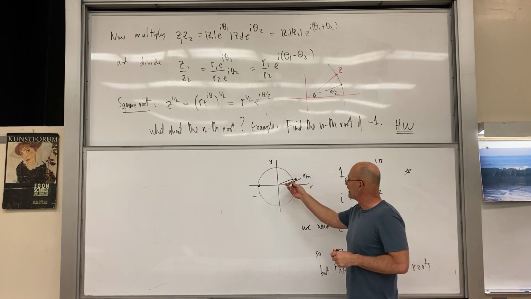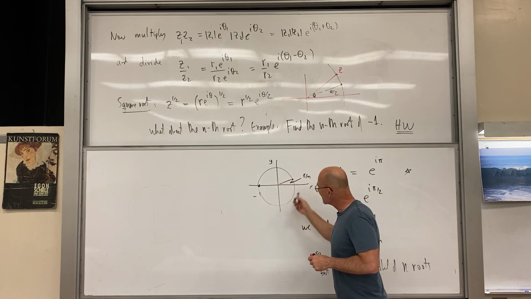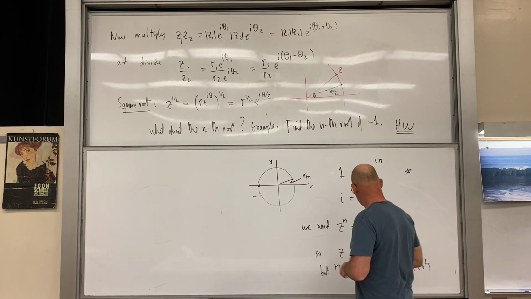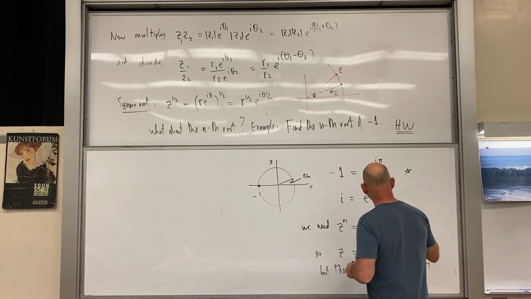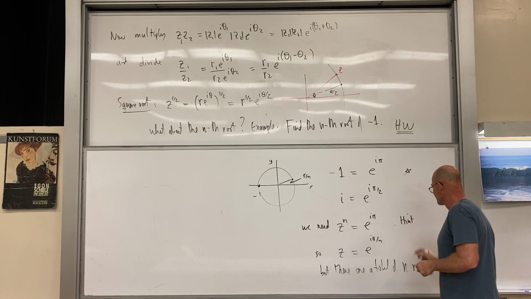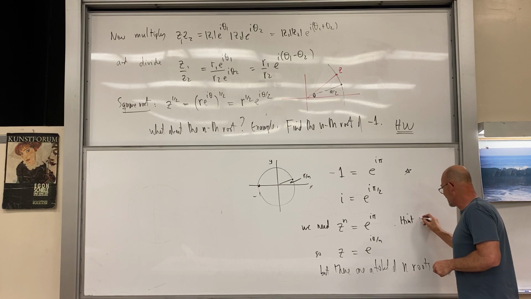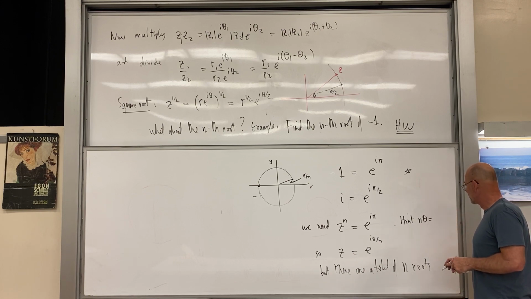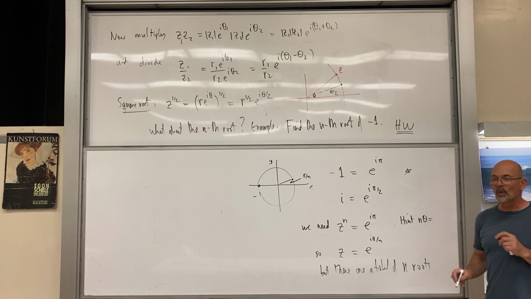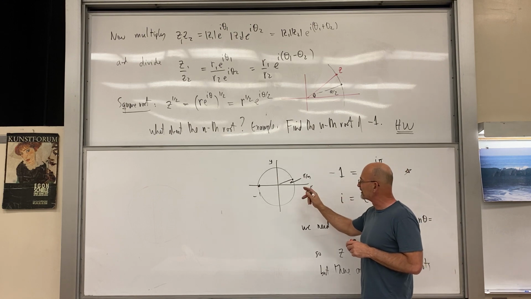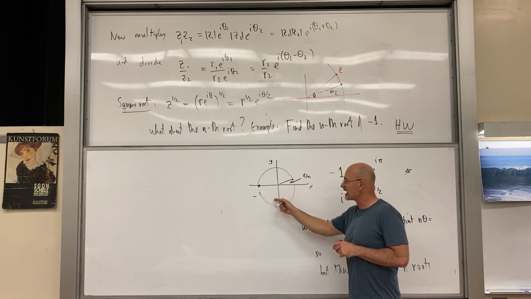But they can be angles such that if you go around, you take n times that angle, you go around a number of times, and then you land on pi. So the hint that I'm going to give here: you're looking for n times theta equals, well, if I say too much, I'll give it all away. n times theta is equal to pi, except it's pi plus however many times you went around the circle.